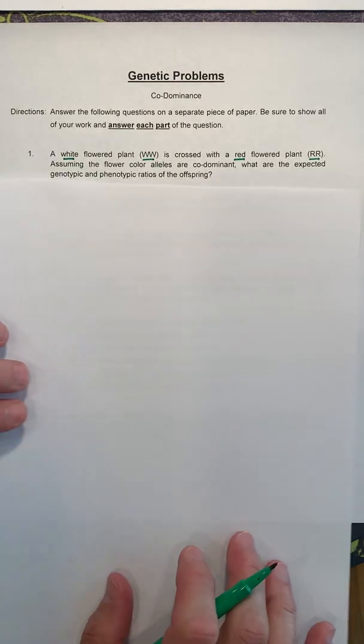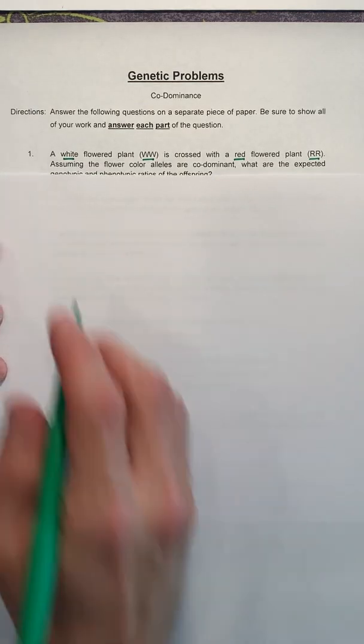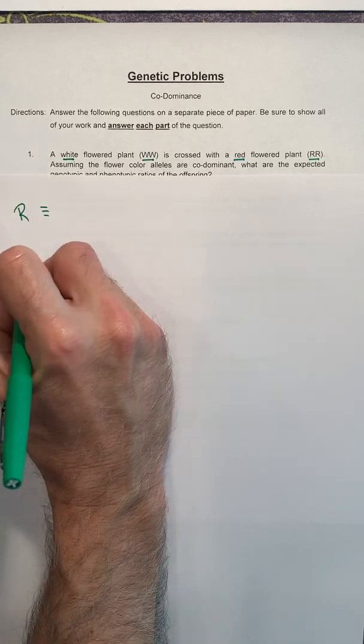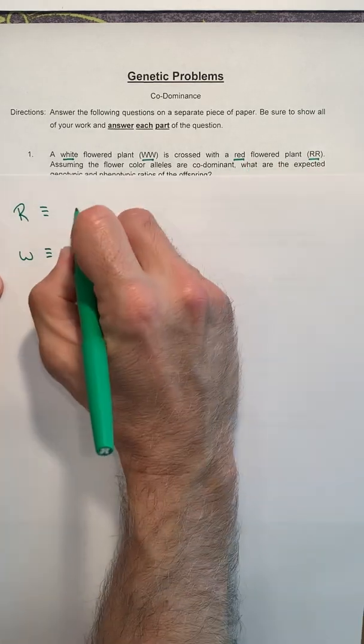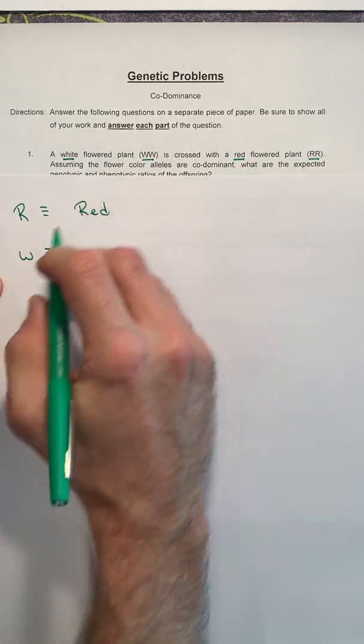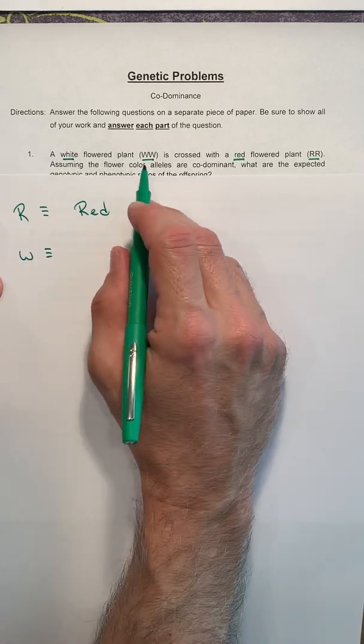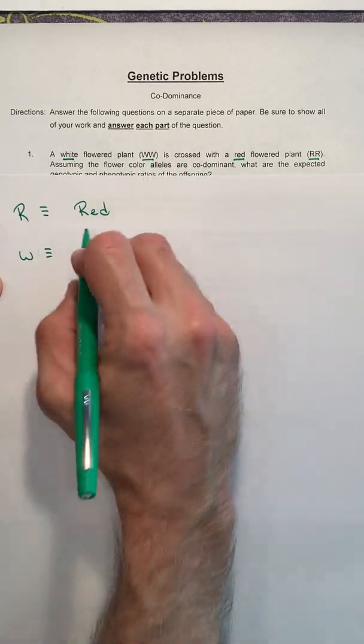All right, so let's define our alleles. Remember, this is codominance, so everything is dominant. Everything is capital. Nothing masks anything else. Everything is expressed. So big R is red, and I'm writing these in this order because you always do things in genetics alphabetically, even though in the problem the W is first.